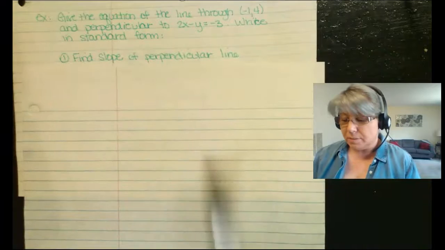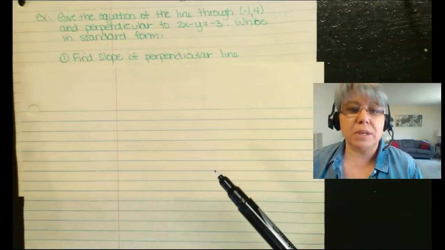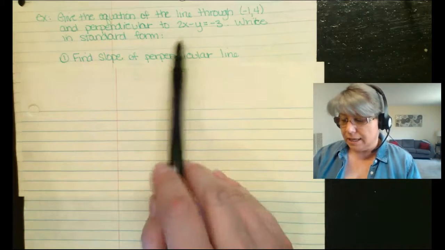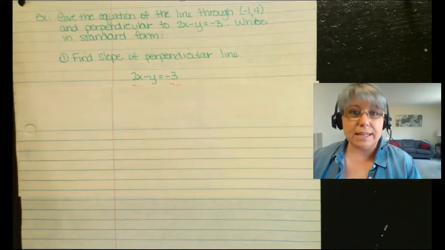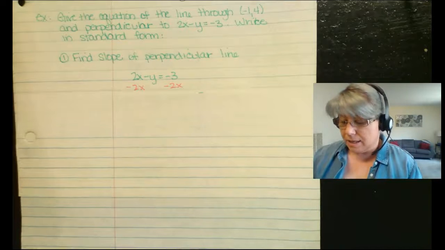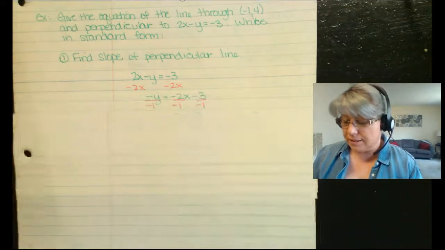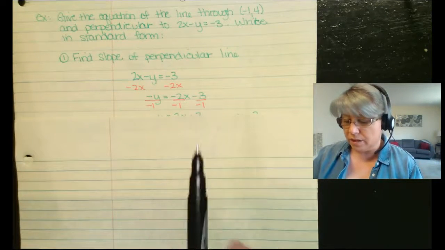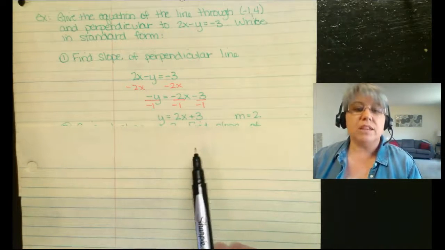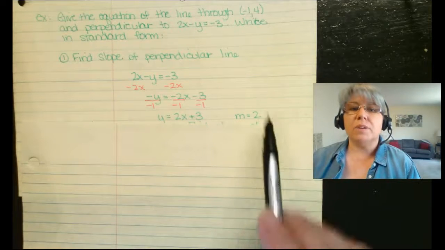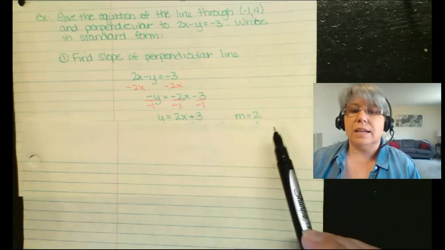So we need to, number one, find the slope of our perpendicular line. Easy enough. We're going to take the 2x minus y equals 3 and solve for y. Subtract 2x from both sides and divide by -1 for each term, so y will equal 2x minus 3. Therefore, the slope of the perpendicular line is 2.